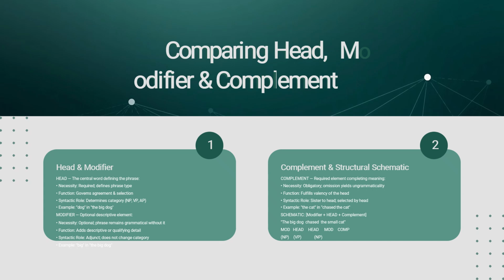For example, the big dog chased the small cat. If we analyze, the head is dog and chased, the modifiers are big and small, and the complement is the small cat. This comparison helps us understand how every word contributes differently inside a sentence.